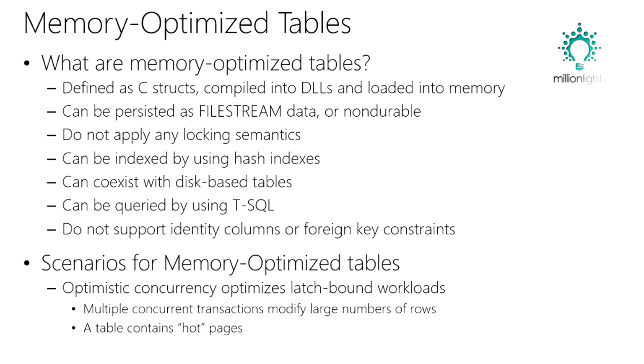So, scenarios for memory-optimized tables. The real key scenario where you get the most benefit from this is where there are high concurrency scenarios where you've reached the scalability limitations for the traditional architecture of SQL Server. And this is the limitation around locking and latching.